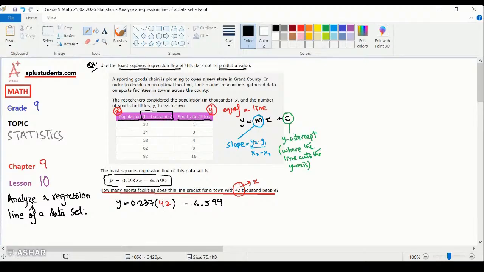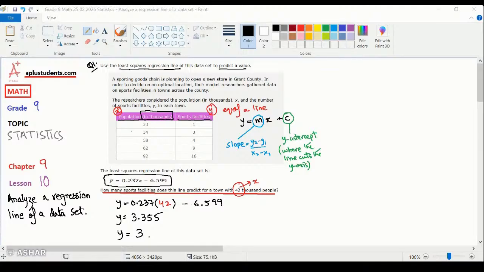Once we multiply these values, it comes out to be, let me do the multiplication, 0.237 into 42 comes out to be 9.954 minus 6.599, and the final answer for y comes out to be 3.355. We cannot have 3.355 sports facilities, right? Therefore, it's rounded off to this lower bound and it becomes 3. Okay? Either they can have 3 facilities or they can have 4 facilities, right?